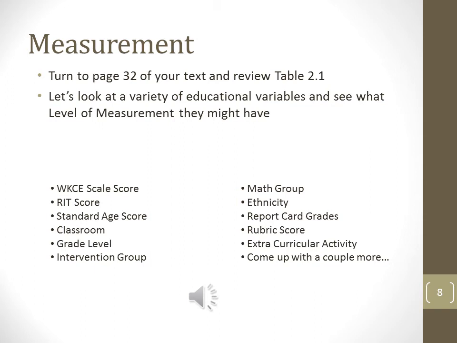We just know that there's a rank order from Tier 2 to Tier 3. An intervention group could also be nominal. They're either in intervention group A, B, or C, but we don't know what the difference is. We just know that a student is in one or another of those groups.